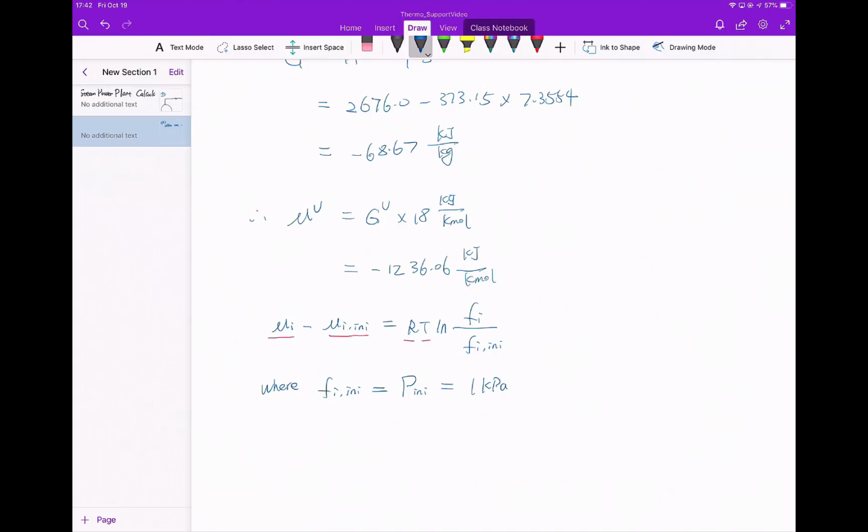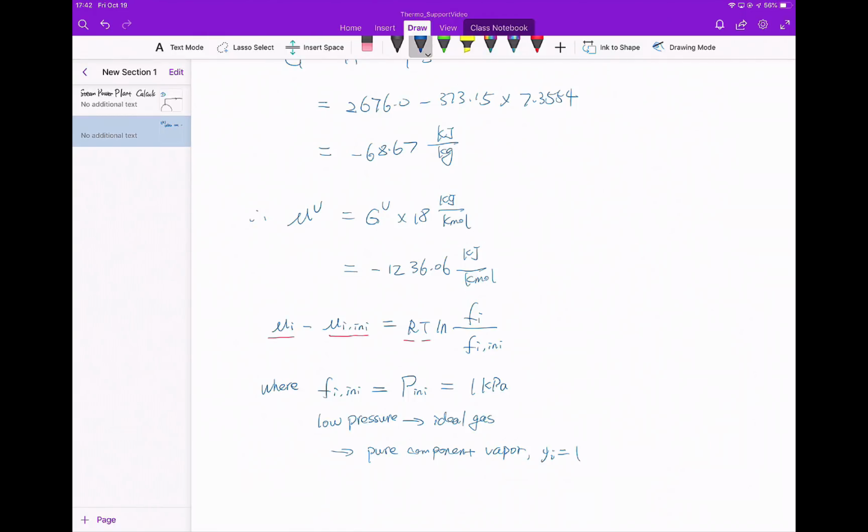This is because I have this low pressure, ideal gas, pure component vapor. y_i is 1.